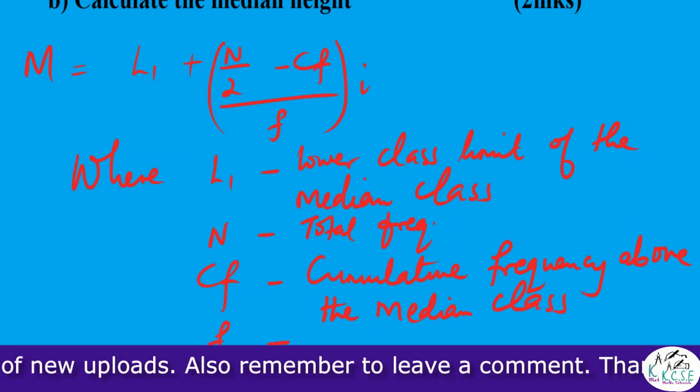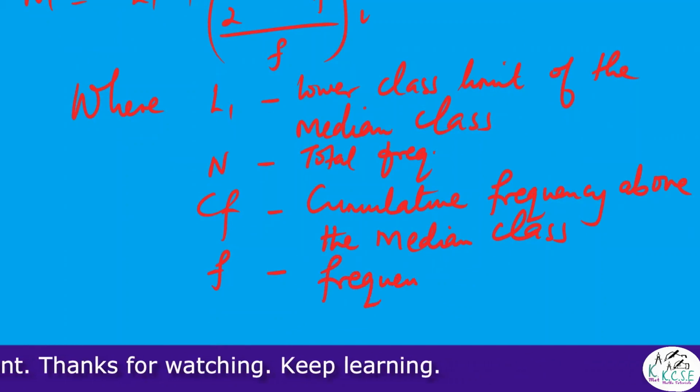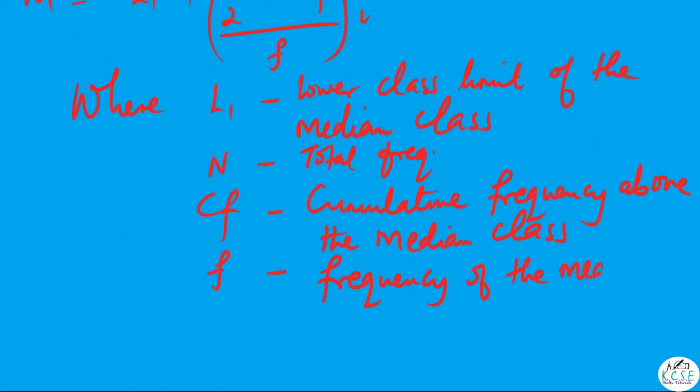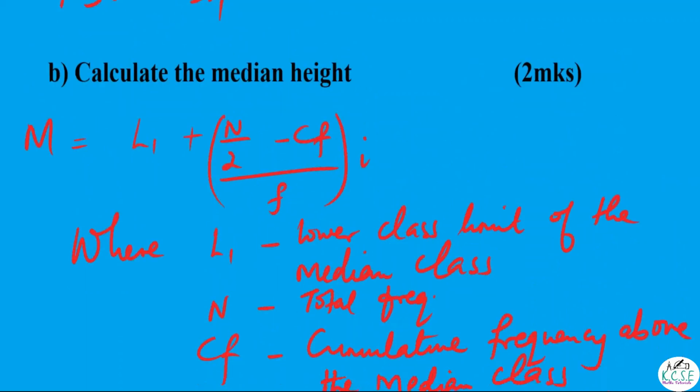Then F is the frequency of the median class. Then I is the class size. Now these are the things we need to identify in order to come up with the median.